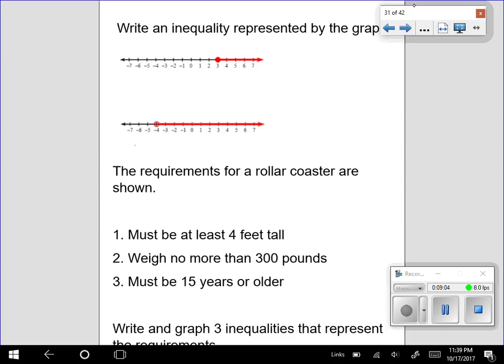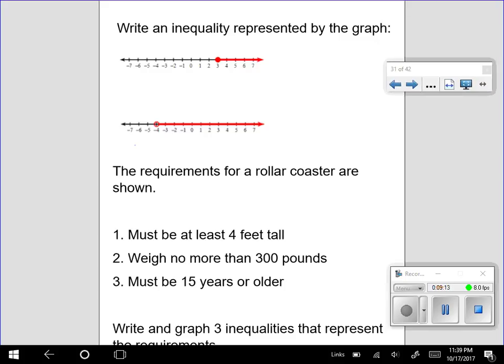We also need to be able to look at a graph and decipher the inequality that we have from the graph. This is pretty easy because a lot of you do pretty well with graphing. So we just need to be able to write, if this is my graph, x is going to be greater than or equal to 3 because it's shaded to the right, closed circle.